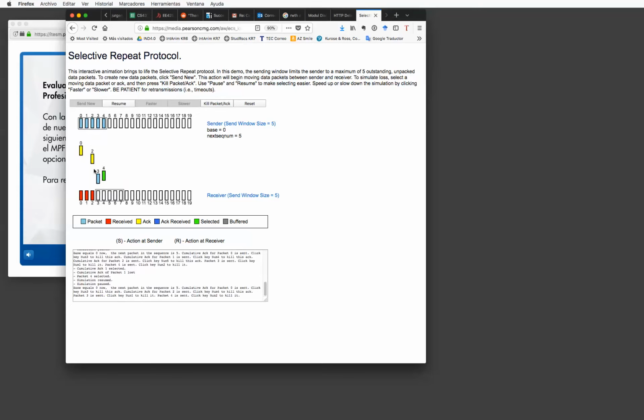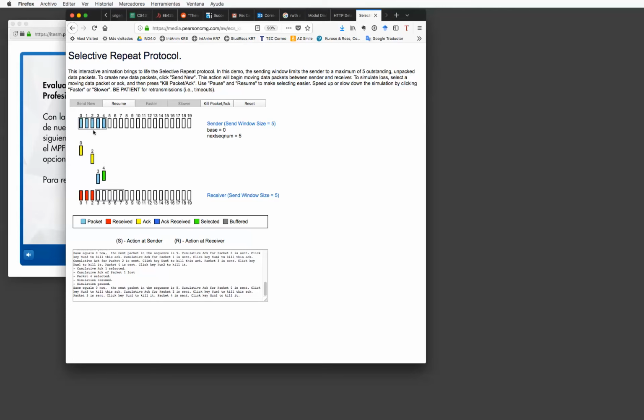Play around with it a little bit and work your way through the questions of what's the normal behavior when 0 and 2 arrive. How many more packets am I going to be able to immediately send? Is my window going to move when 0 arrives? Yes, it will. 0 you'll be done with. The window will move over 1. It's looking for the ACK from 1.